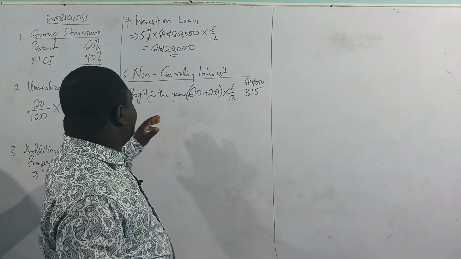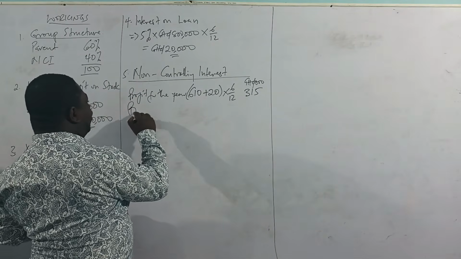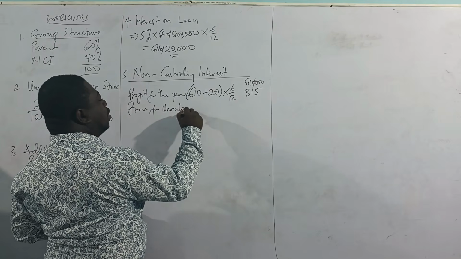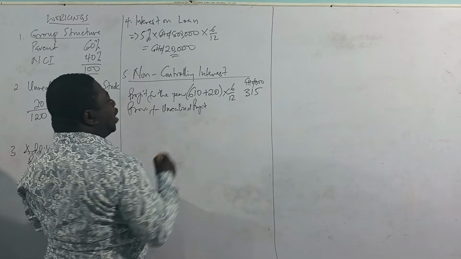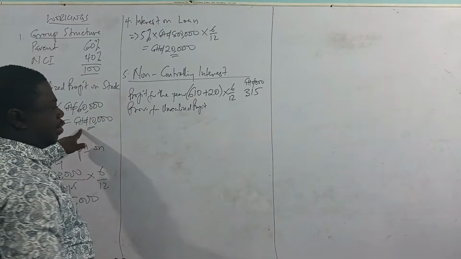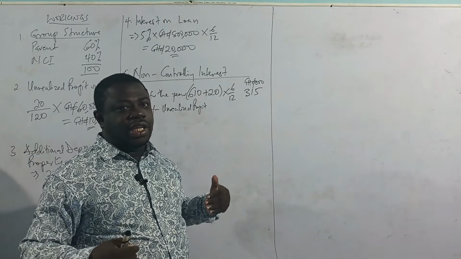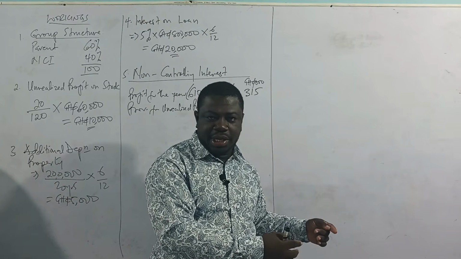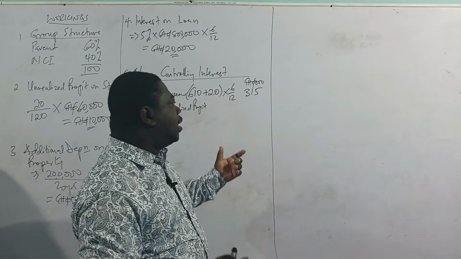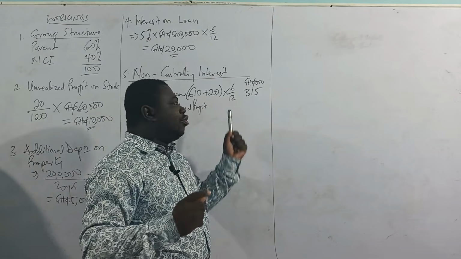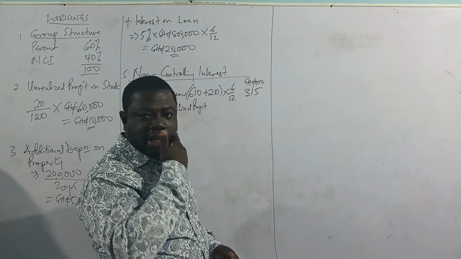Now, for the unrealized profit, the provision for unrealized profit on stock is 10,000. The subsidiary thought that they were making some profit. But remember that it was the subsidiary that sold to the parent, and so non-controlling interest would have a share in that.